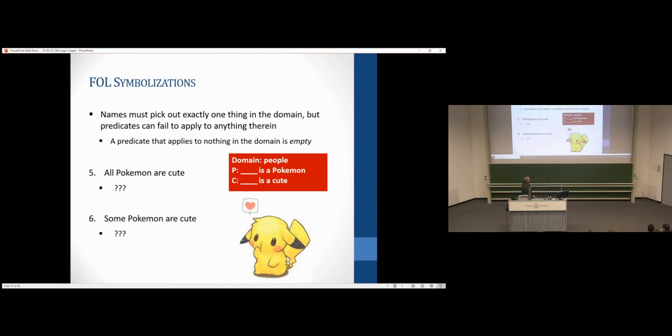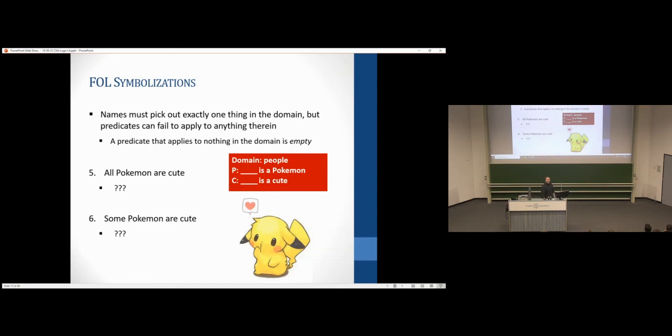Right? So I told you that names can pick out exactly one thing in the domain, but I never said anything about predicates. In particular, there's no problem with having predicates pick out nothing. Or maybe better to say, to have predicates that nothing in our domain satisfy.